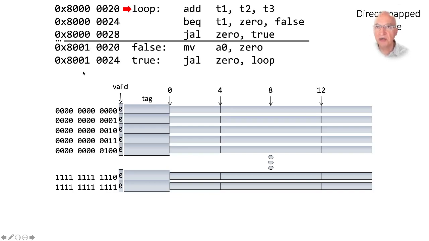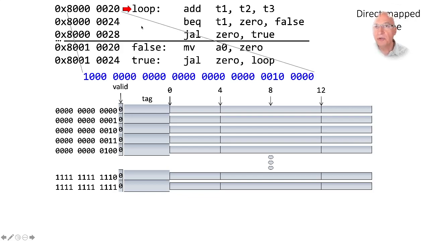Of course, this is a contrived example that has been constructed to illustrate how you can have conflicts when you have a directly mapped cache. So if I start executing this program, first I'm going to be fetching at the address 0x80000020. So we're going to run a simulation of the cache here to understand what's going on.